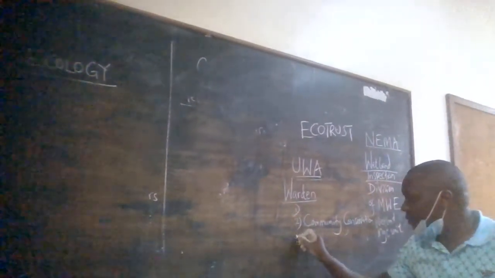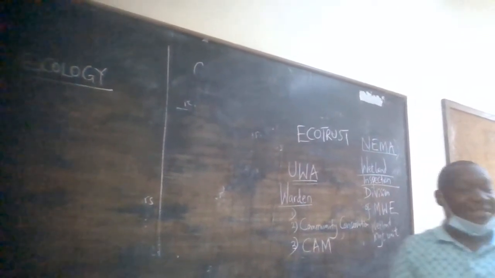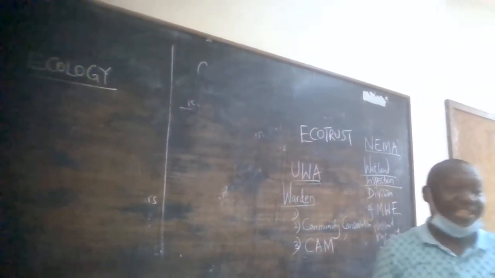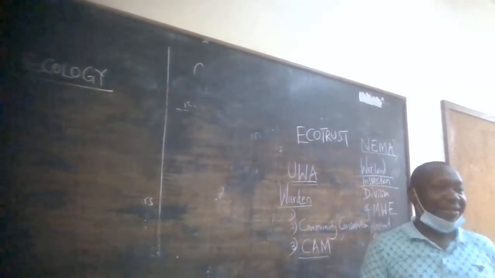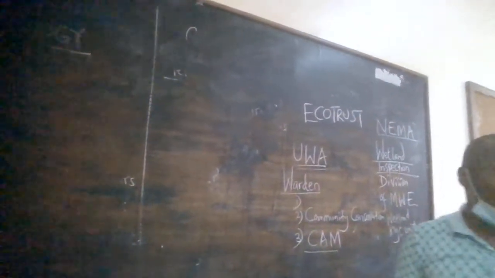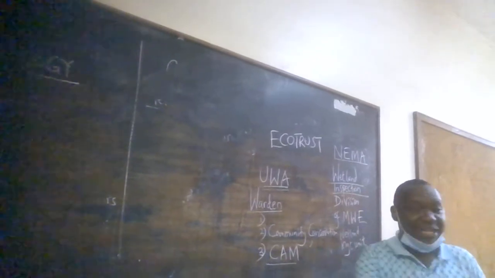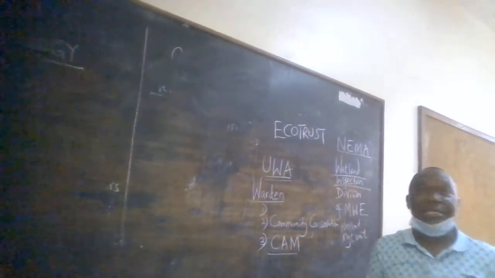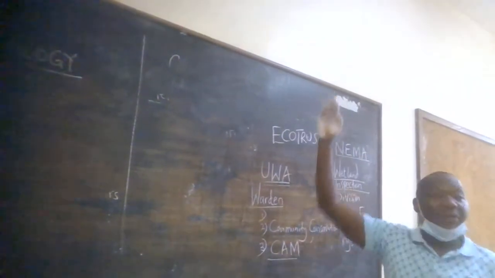But we also have what we call CAM. CAM is the Conservation Area Manager. Now the CAM is the overall head. You may not go straight from university to become a Conservation Area Manager. You may pass through certain steps until you are promoted.